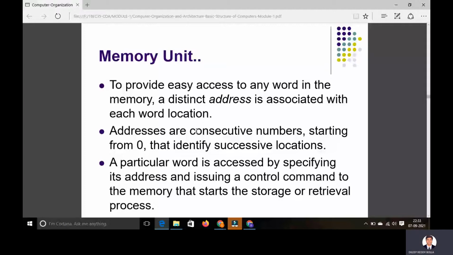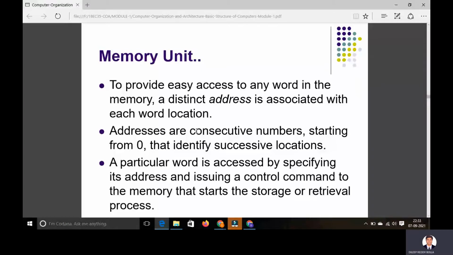The main memory is a semiconductor memory, which is a primary memory, and which consists of a large number of semiconductor storage cells. Each of them is capable of storing one bit of information, and these cells can be read or written by the central processing unit in a group of fixed size called a word.